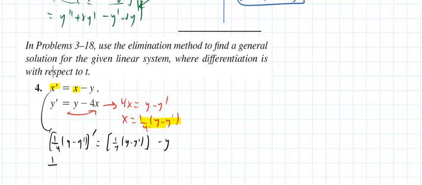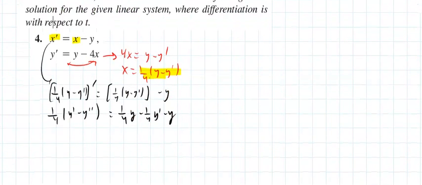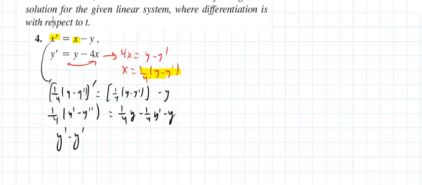And this will be nothing more than the constant you ignore. The derivative of y is y prime minus y double prime equals 1/4 of y minus 1/4 of y prime minus y. If I clear the fractions, that will make life a lot easier for me. So I'm looking at y prime minus y double prime equals y minus y prime minus 4y.